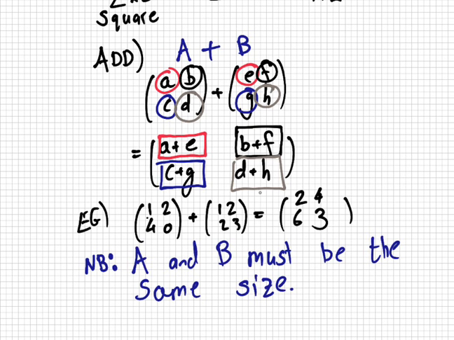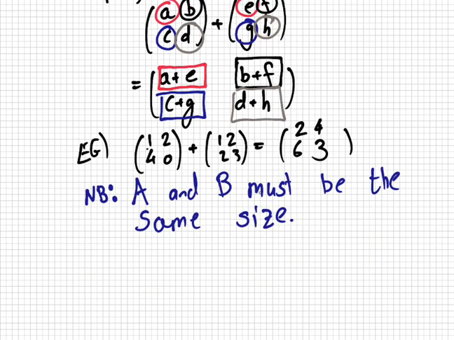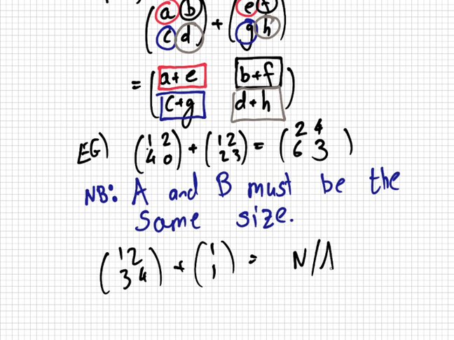So if A is 2 by 2, then B must be 2 by 2. Otherwise, you can't add them. So, for example, no answer here.